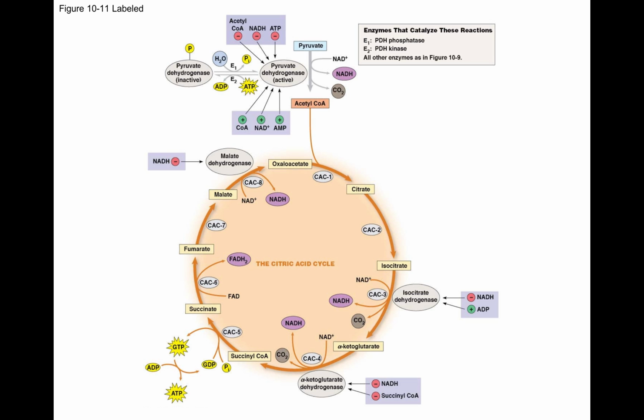We talked about the tricarboxylic acid cycle, also called the citric acid cycle, also called the Krebs cycle, as sort of a crossroads in mitochondria, not in the cytoplasm. Elements of breaking down protein, elements of breaking down fat, elements of breaking down carbohydrate, all of that meets at the citric acid cycle.